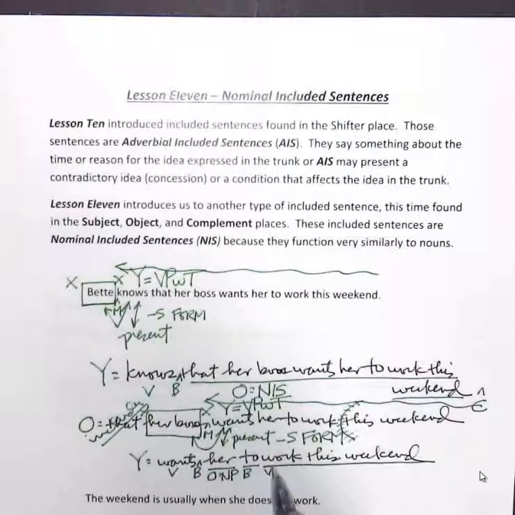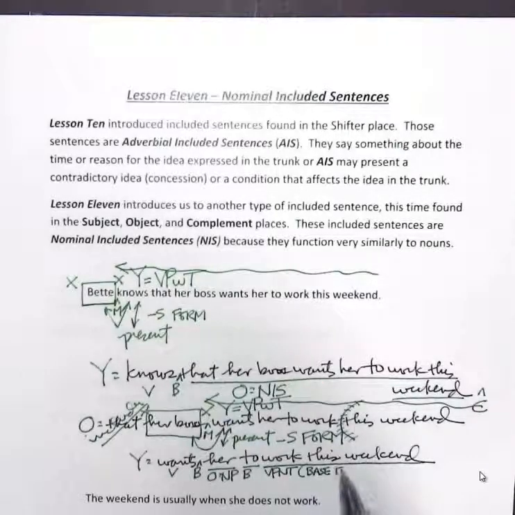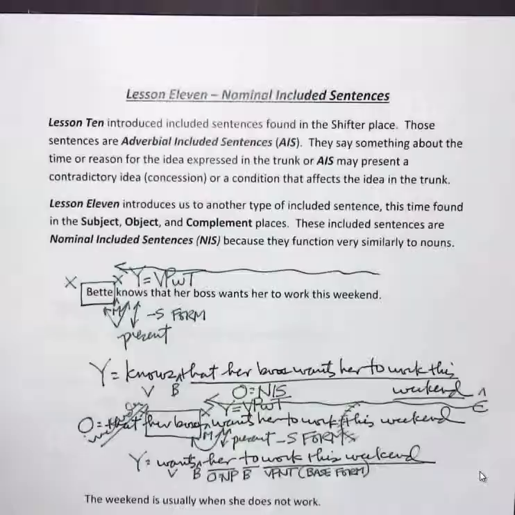That's a verb phrase, no time, base form. And I think that now it becomes a little clearer why I said I don't think we should call this a shifter, because this weekend actually goes together with the work. It doesn't explain when he wants. It goes together with the action work.